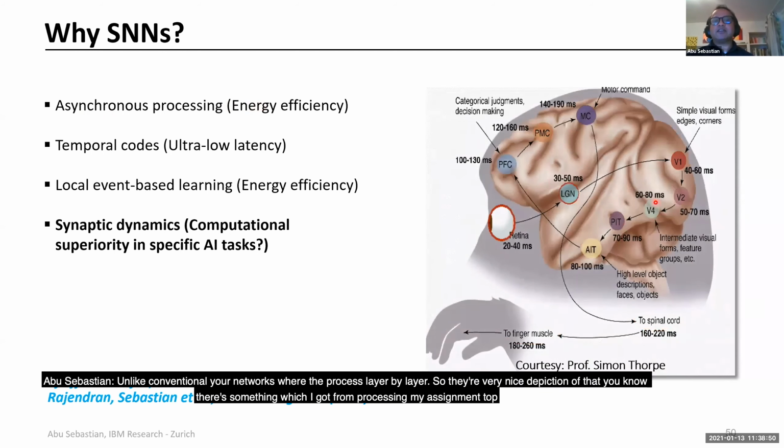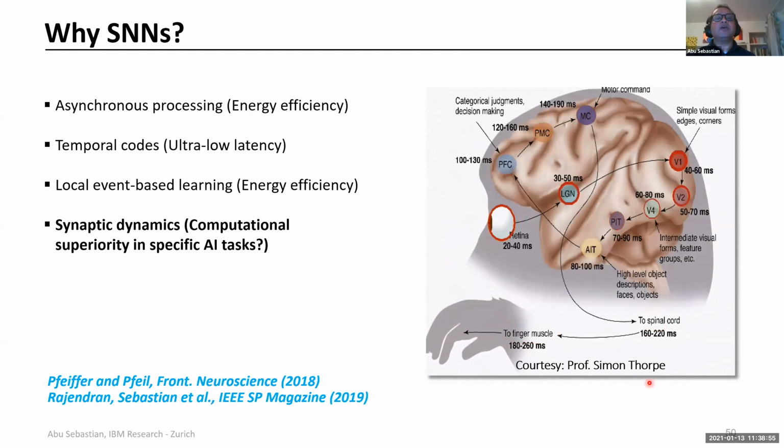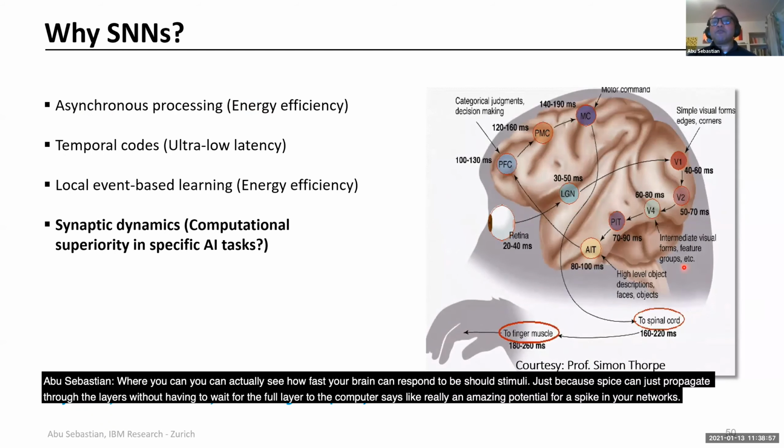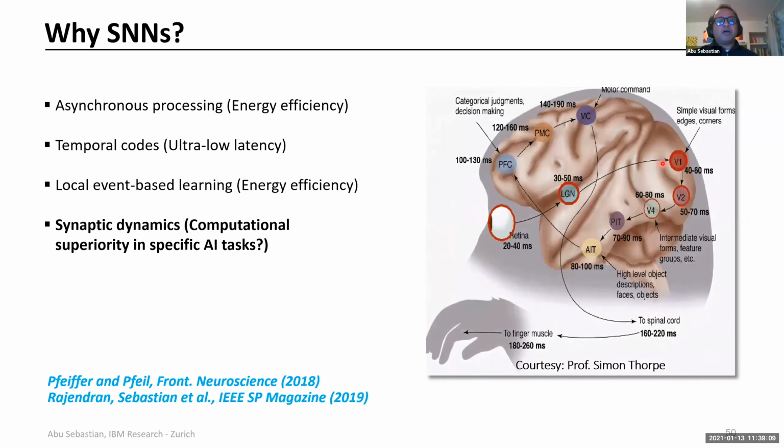So it's a very nice depiction of that. It was something which I got from Professor Simon Thorpe, where you can actually see how fast your brain can respond to visual stimuli just because spikes can propagate through the layers without having to wait for the full layer to be computed. So it's really an amazing potential for spiking neural networks.